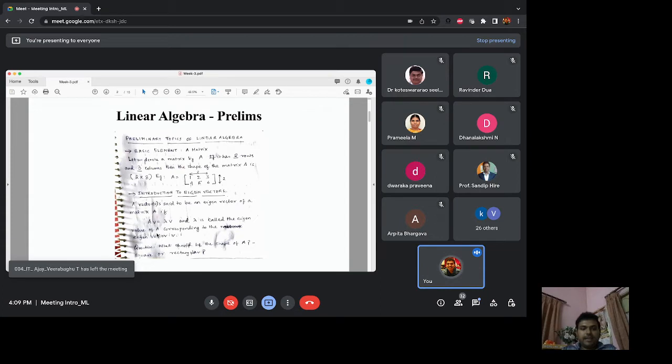A is 2 cross 3 and V is 3 cross 1. What will be the dimension? 2 cross 1. So the dimension on the left hand side is 2 cross 1. And what is the dimension on the right hand side of lambda V?